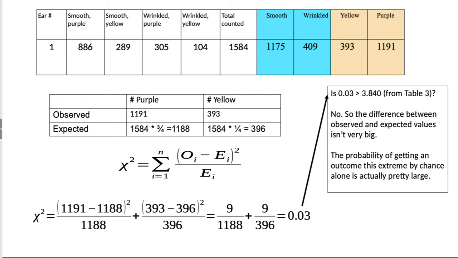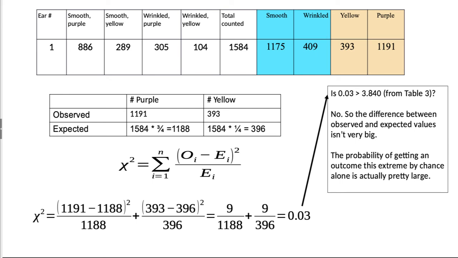So what we do is we add up all of these four different categories that we've counted, and we classify them simply as being yellow or purple. Okay, and you can see here that we had 1,191 purple kernels and 393 yellow kernels. These were our observed values. So how many did we expect to see?